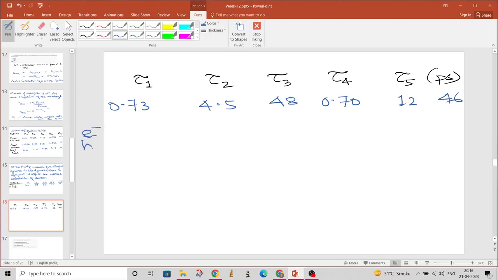Here E by H will be the same as I wrote there, that is 0 by 100, 11 by 89, 23 by 77, 85 by 15 and 100 by 0.